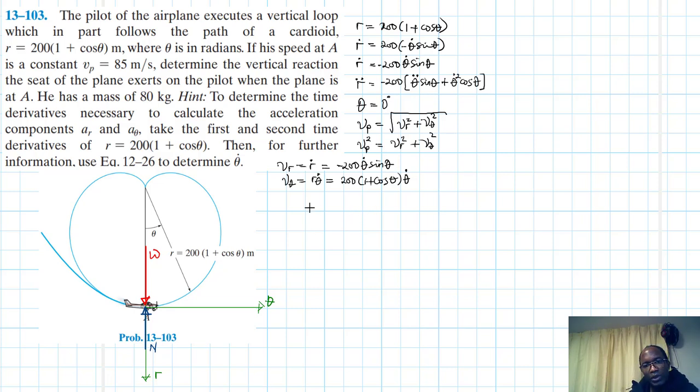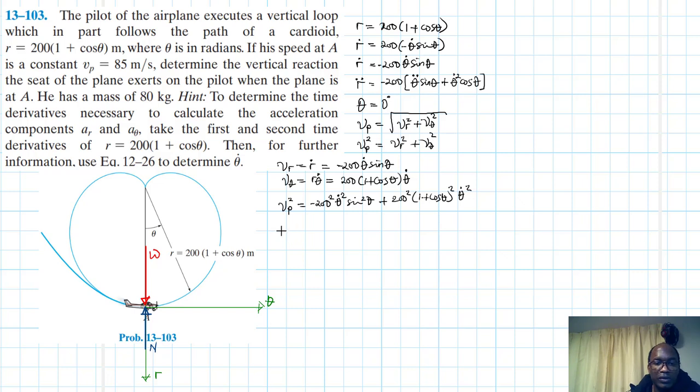With this information we can find what theta dot is. So this is just equal to minus 200 squared theta dot squared sine squared theta plus 200 squared times 1 plus cos theta squared and theta dot squared.